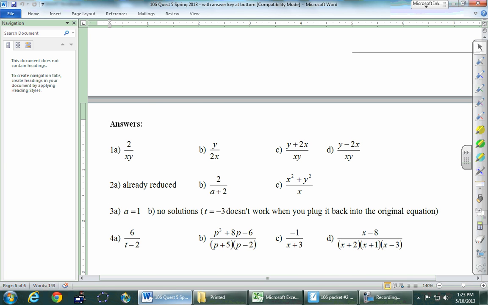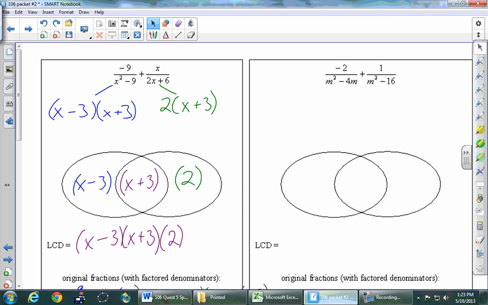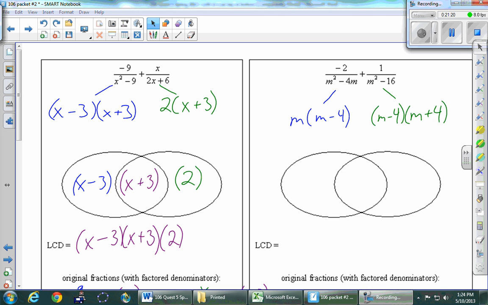Okay. So let's come back here. One more to do. All right. Again, first step is to factor those denominators. So take a moment. 2 different kinds of factoring downstairs. Okay, we've got our 2 factorings. I've written them. Did I get them right? Okay. What do you look for first?